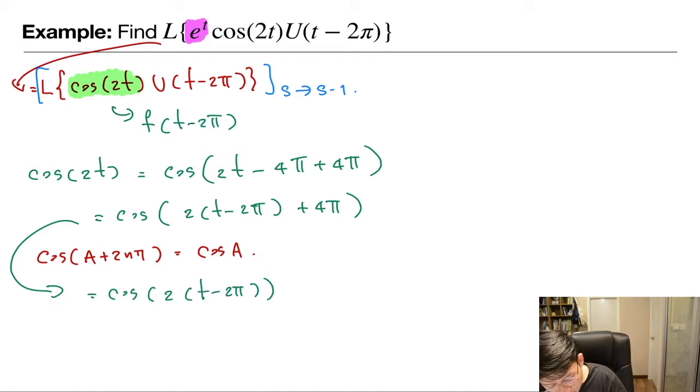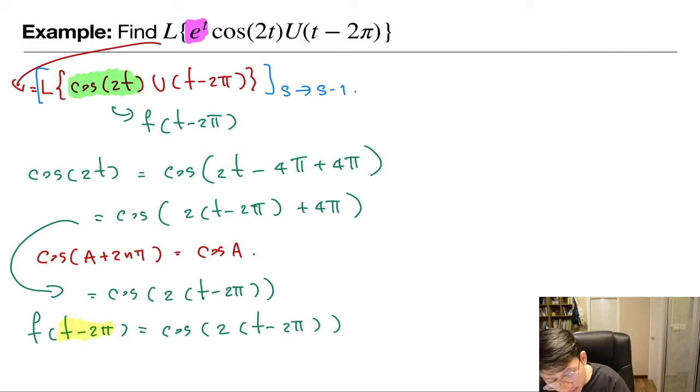So we have that f(t minus 2 pi) is cos(2t minus 2 pi). If we substitute t minus 2 pi with t, we have that f(t) is actually cos 2t.